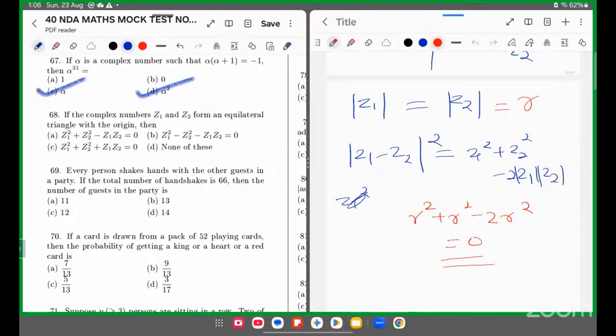Z1 square plus Z2 square minus Z1 Z2 minus 2 Z1 Z2. So Z1 minus Z2.